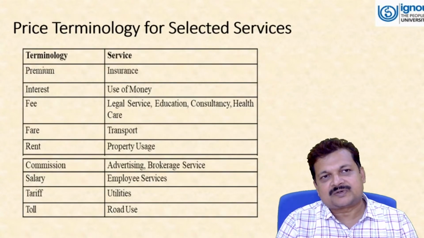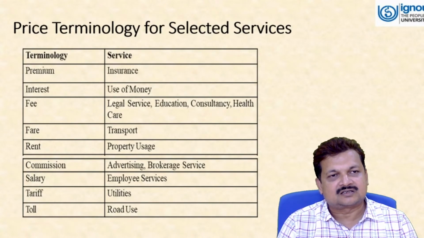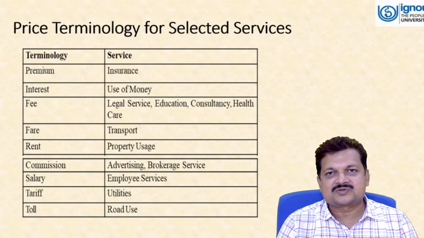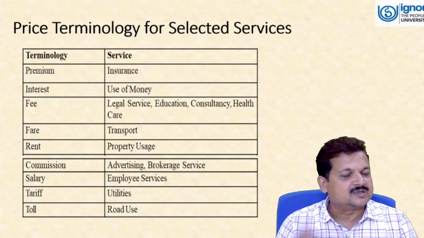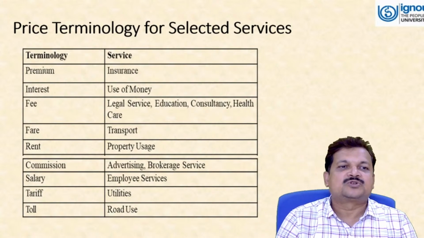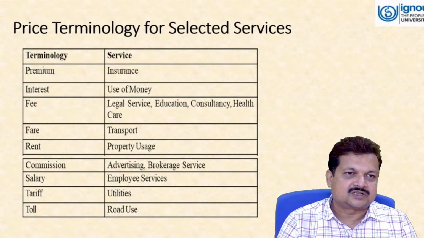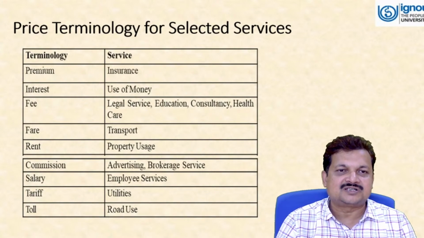Here are some of the pricing terminologies being used in the market. In insurance, we call it a premium, what we pay annually. If we keep money in banks, or take a loan, mostly it is the interest we pay, or we receive if we have deposits.